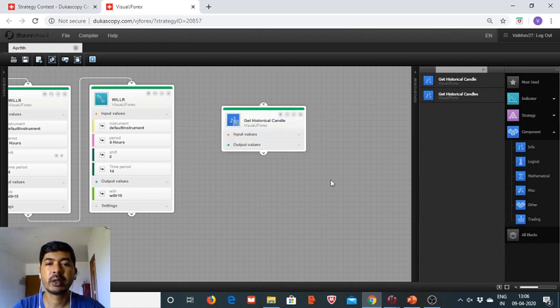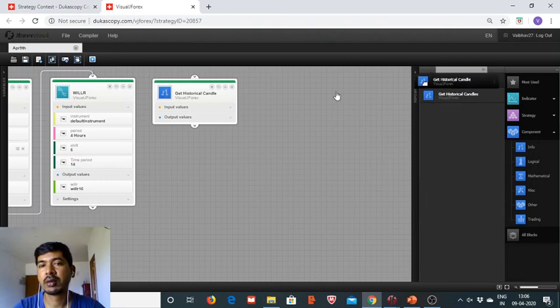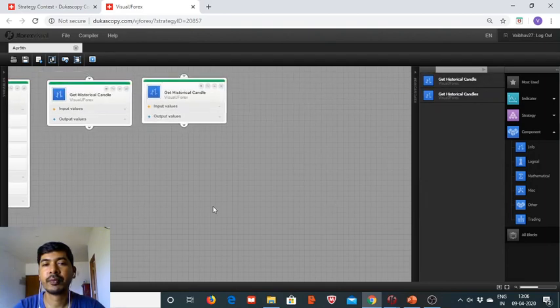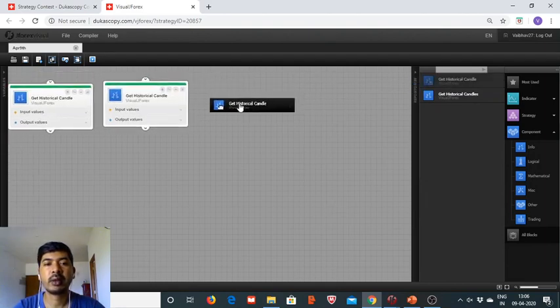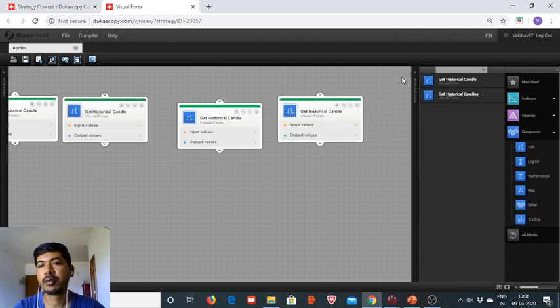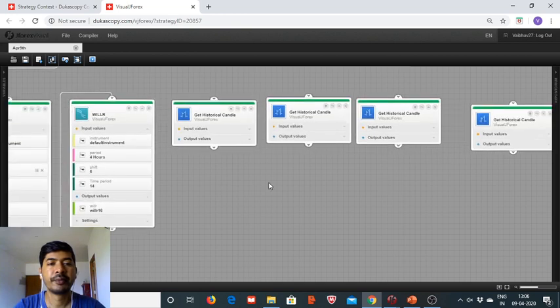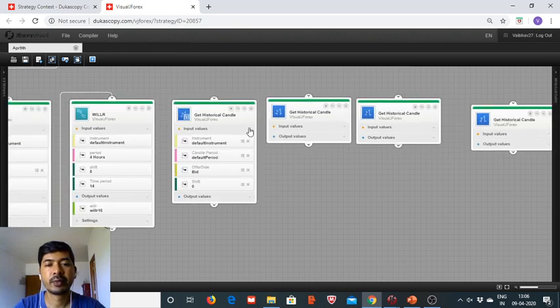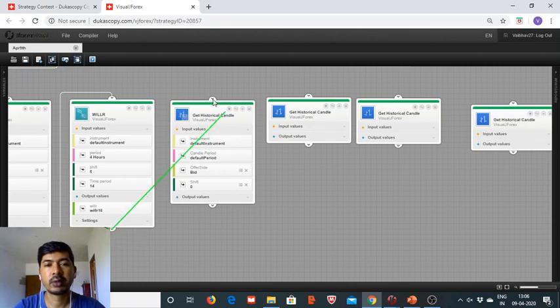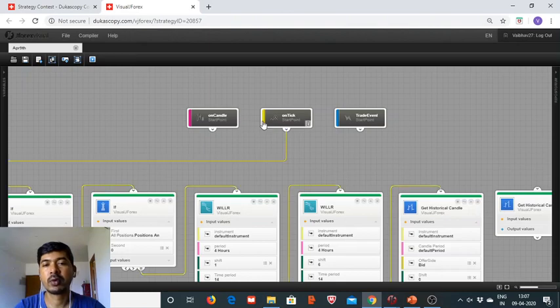5 historical candles of 4 hours each. 1, 2, 3, 4, and 5. Now let us define those. So here we got this. Let us color the flow.